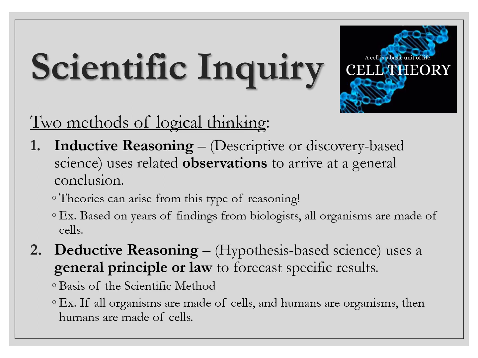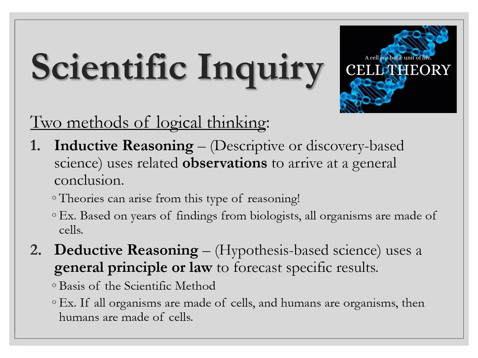Now, the second type of method is deductive reasoning, and this is really a hypothesis-based science. So it uses a general principle or law of science to predict or forecast certain results. And this is really the basis of the scientific method, okay? So if we say our hypothesis is that all organisms are made of cells, and humans are organisms, right?